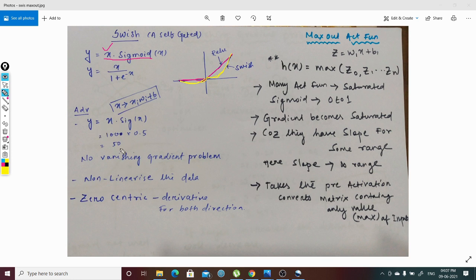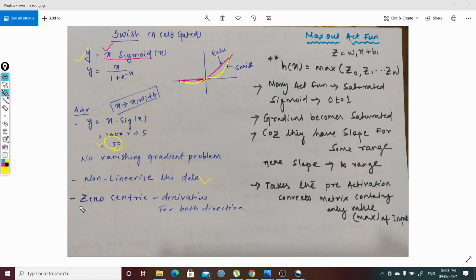Here we can see that if your input is some 100, it is reduced to 50 as we are using the sigmoid activation function. It also non-linearizes the data set. If you provide any linear values, they turn into non-linear data, so we can understand the complex patterns in the data set.